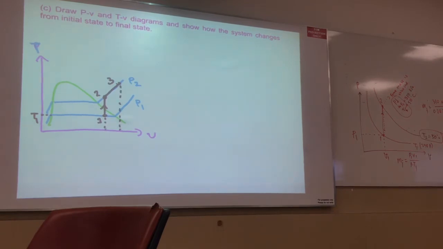So if you draw this line, this one is T3, T2, and V1 and V2 are the same.